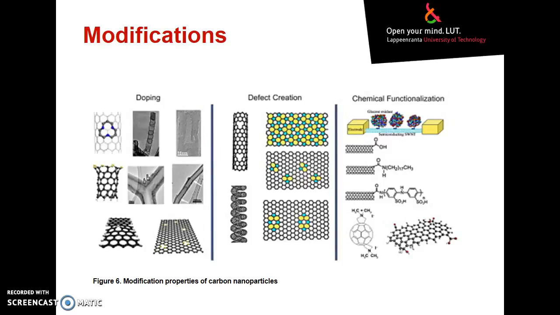And the last one is chemical functionalization, that is the introduction of small functional groups, such as carboxylic and amine groups, or large molecules such as polymers and biomolecules, to enhance the chemical bonding of the particles.